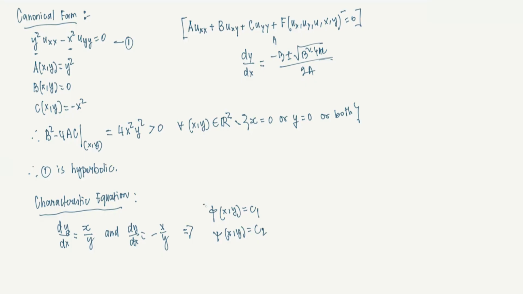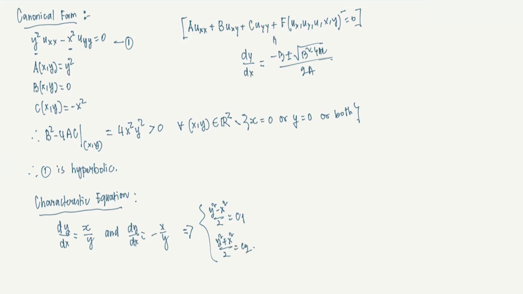Phi is the solution of this and psi is the solution of this. So in our case, the first one is y square minus x square by 2 equals to C1. And the second one is y square plus x square by 2 equals to C2.